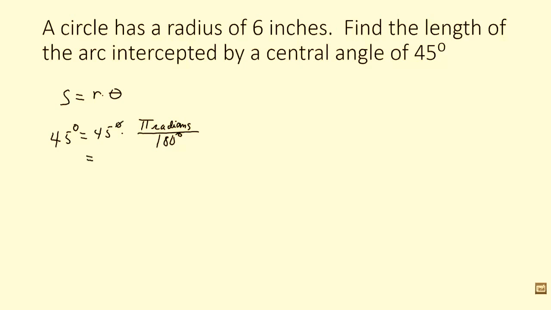And this gives us 45 divided by 180 pi radians. Upon simplifying, we get pi over 4 radians. So 45 degrees is pi over 4 radians.